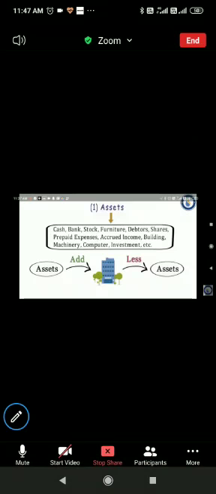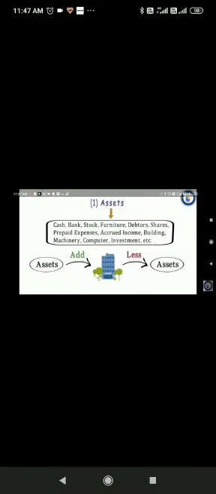Next, you should know about assets. What do we mean by assets? Assets are cash, bank, stock, furniture. The assets are those which we do not buy for resale. Some goods are for resale and some goods are not for resale.